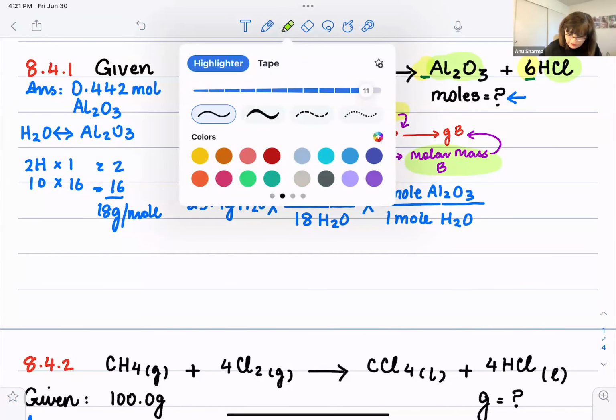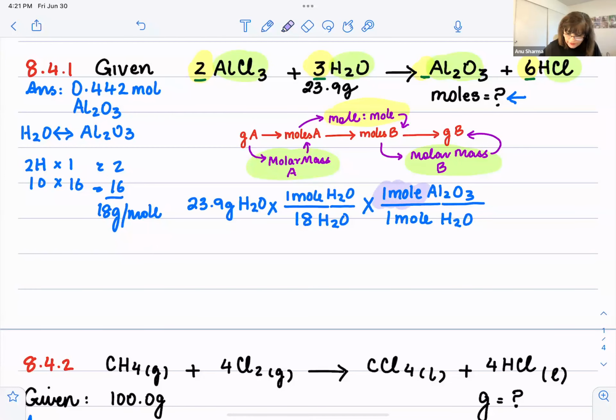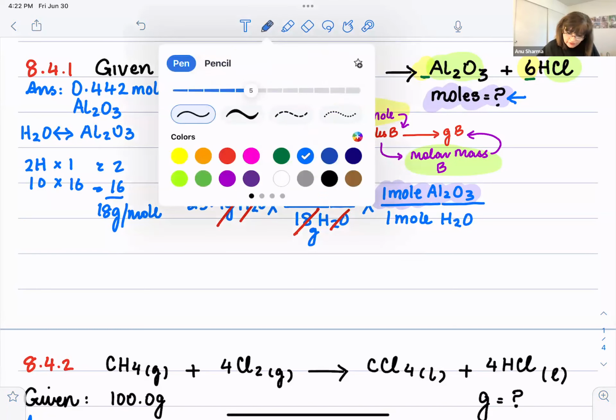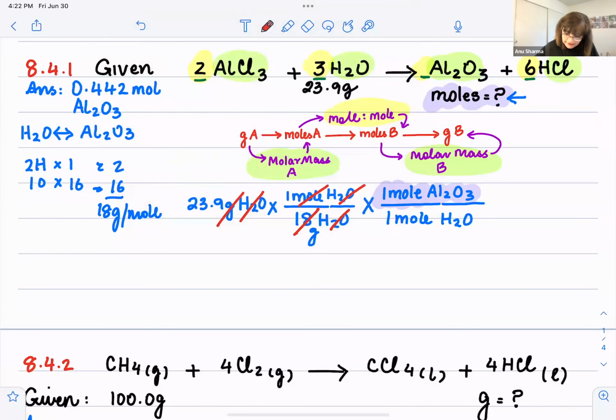So the moles of Al2O3, that's what we need to find, so they go on the top. The grams of water and the 18 grams of water cancel out. And once again, the moles of water cancel out. Okay, so this is all dimensional analysis.